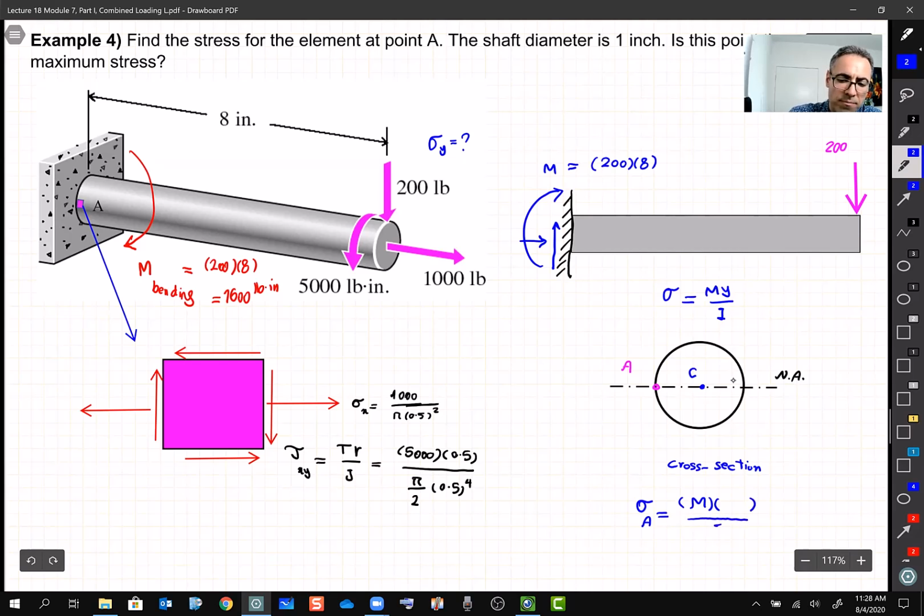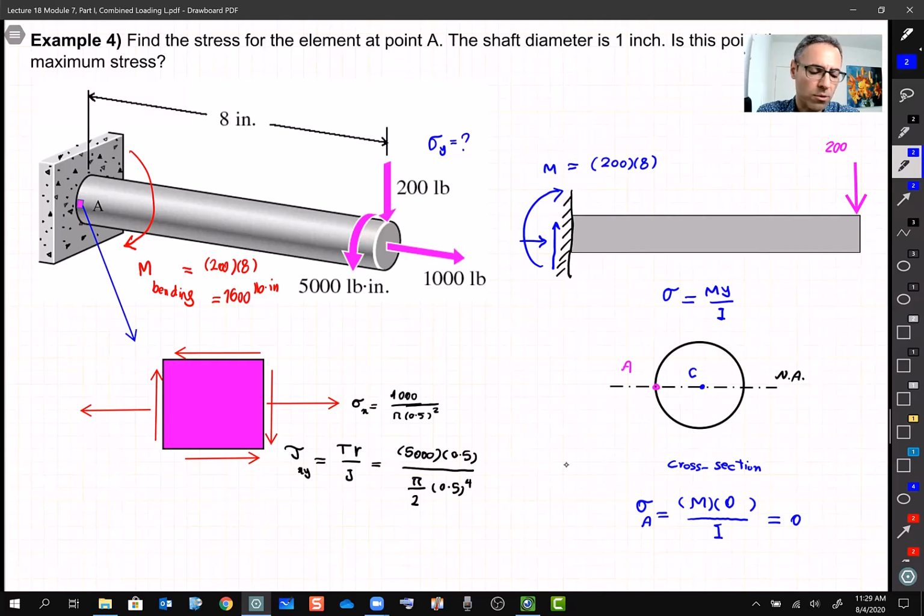What is the y? Do you remember, guys, what y was? y was the distance between any point and the neutral axis. What's the distance between point A and the neutral axis? It is 0, right? So it means I don't have any bending stress at point A. And in fact, this is the element that we need to analyze. I'll let you guys think about it for 10 seconds and see if it makes sense. So this is M.